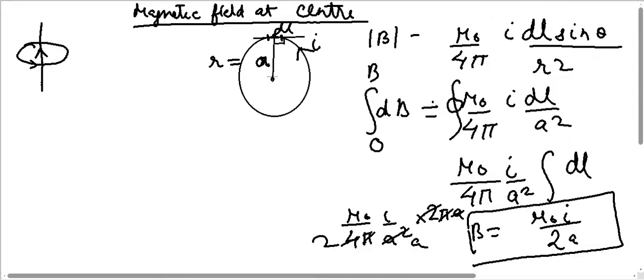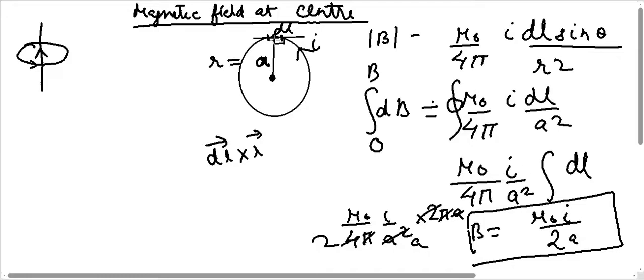The direction of the magnetic field at the center of the loop will be along the axis. Why? Because I know that the magnetic field is given by a cross product of the dl vector and the r vector, so it should be perpendicular to both the dl vector as well as the r vector.